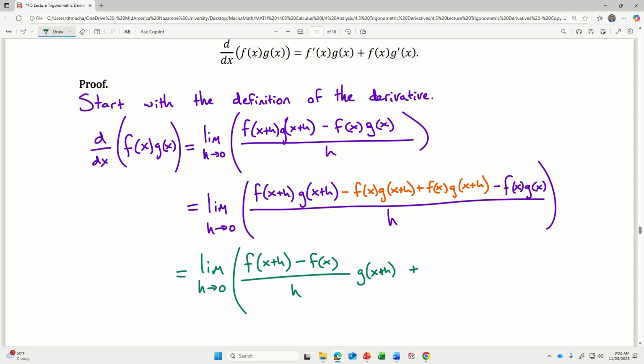They have a common factor f of x. So let me factor out the f of x. And when I factor out the f of x here, I'm going to be left with g of x plus h minus g of x.